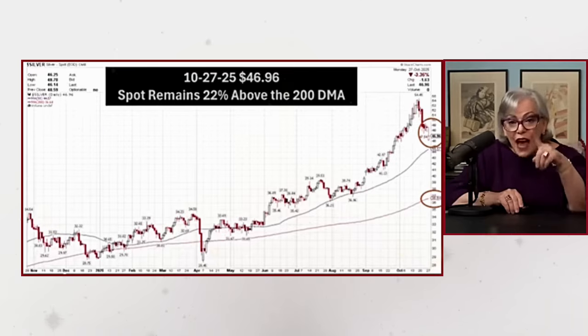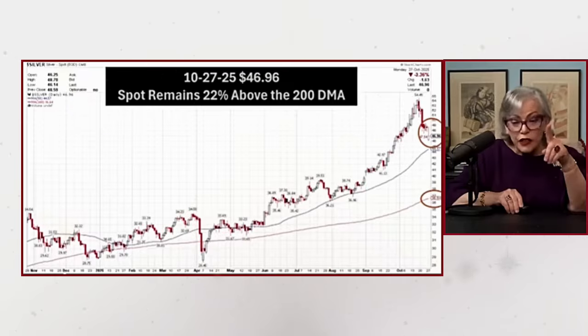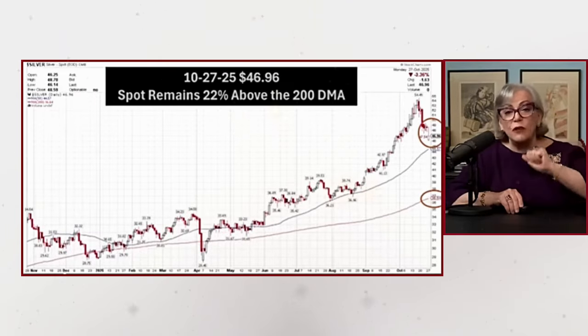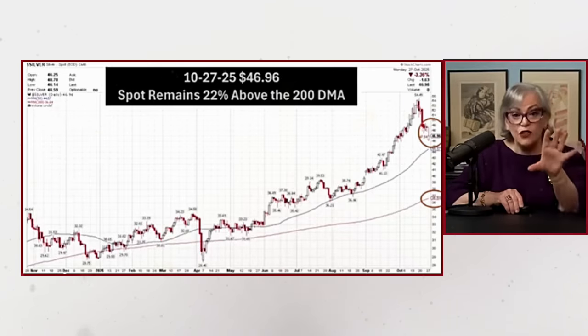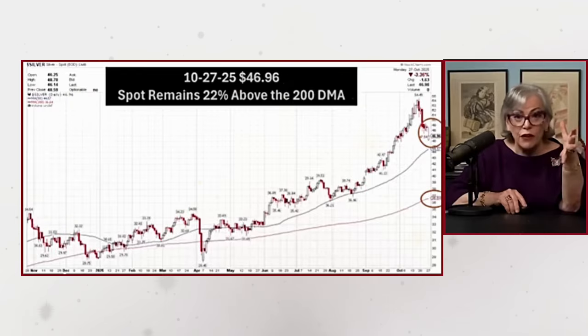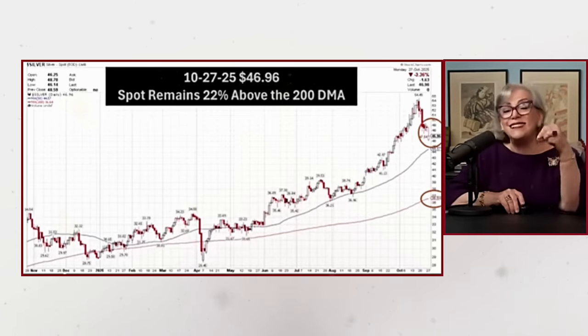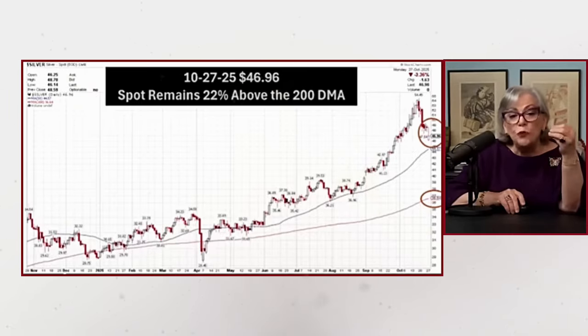But can you see how far stretched the spot market was from that 200-day moving average? And even going back through last night, because these graphs are from yesterday, right? I wanted to be as current as possible to show you this. It's still 22% above that 200-day moving average.